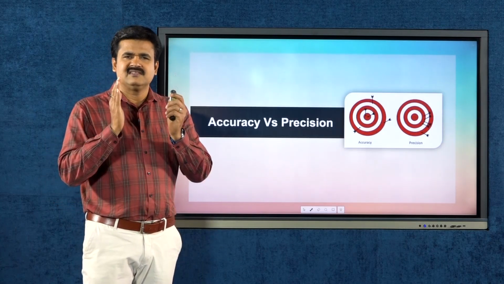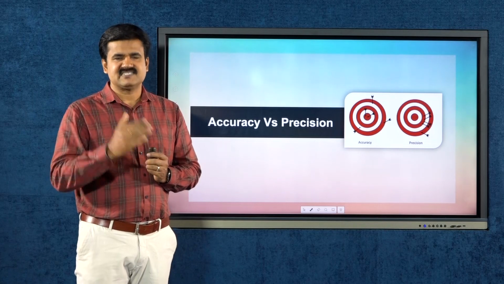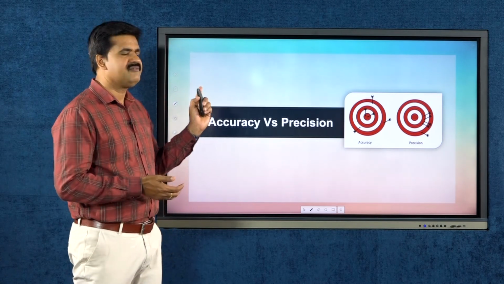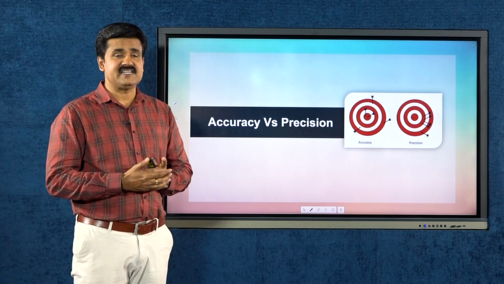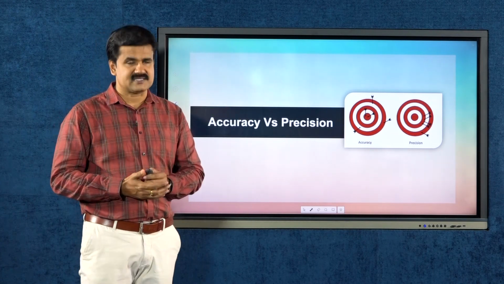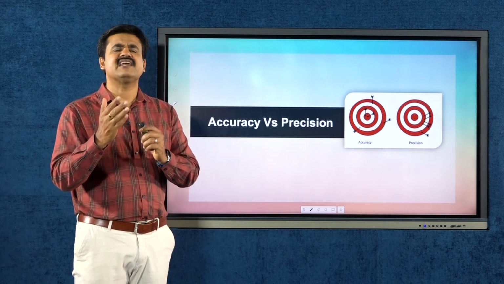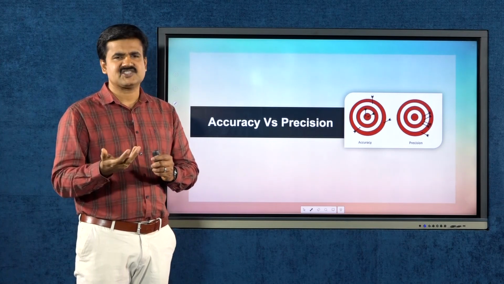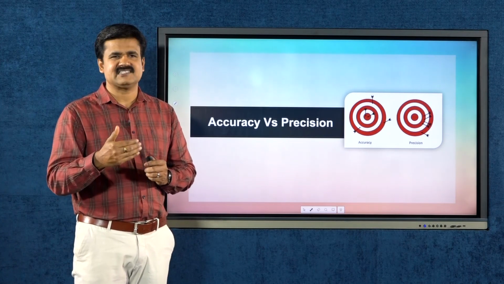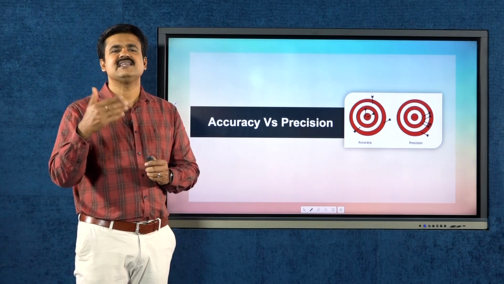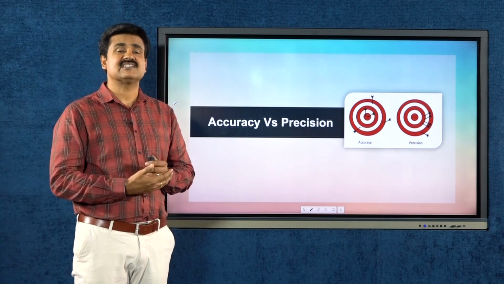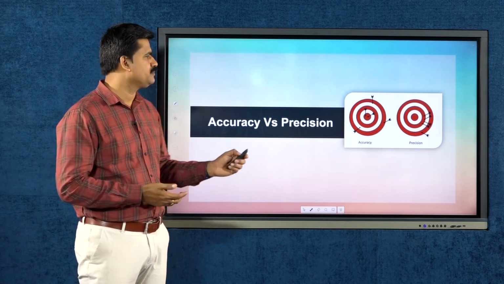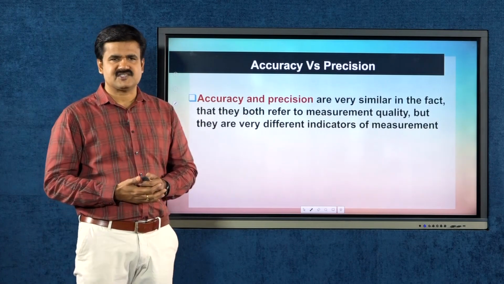Now, the most important part of this discussion is here: we are comparing and contrasting the two concepts, accuracy and precision. Hence, our title is accuracy versus precision. How is accuracy related to precision, or is there any connection? We are going to finalize the relation between accuracy and precision and make things clearer about the two concepts.